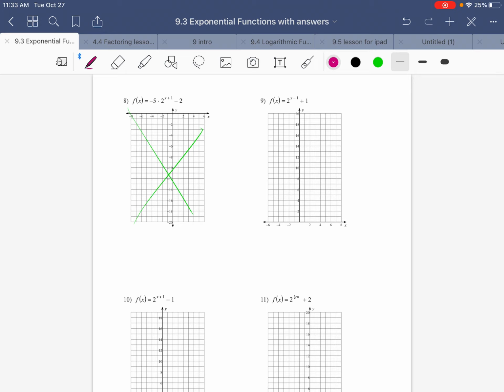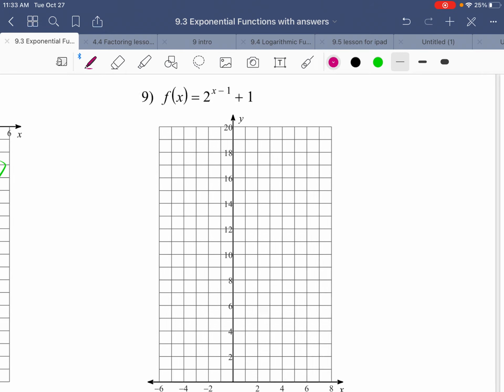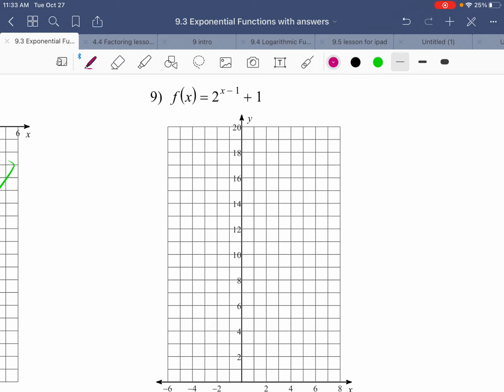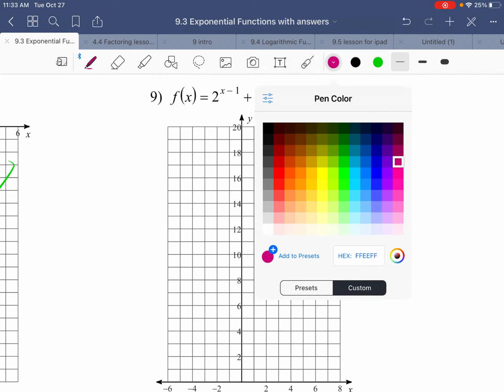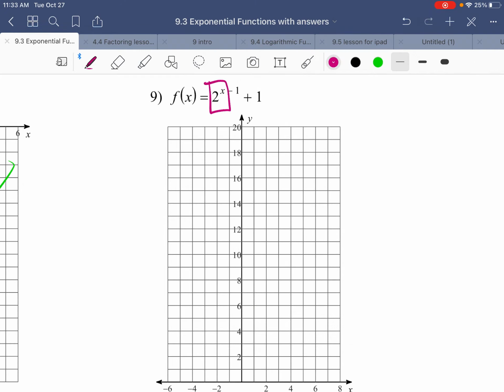So now, just remember your transformations. This one, that's my parent function, which looks like this. But what's going to happen to it? This one moves it right 1.